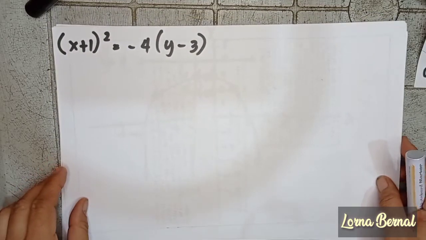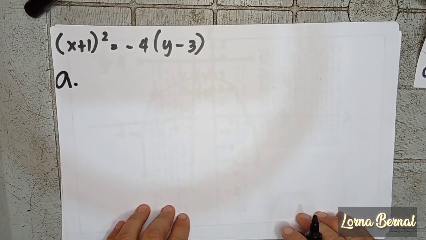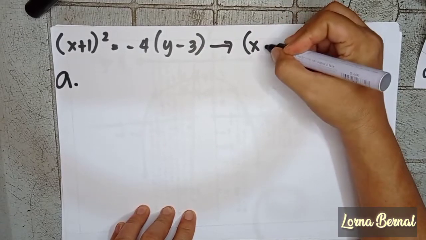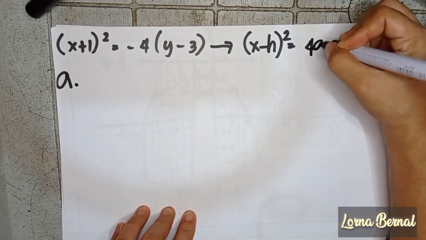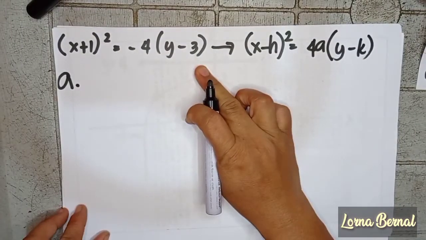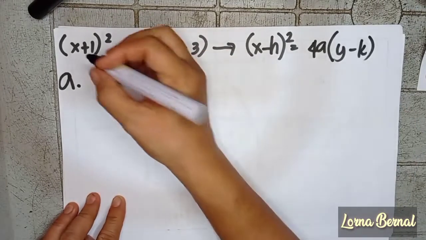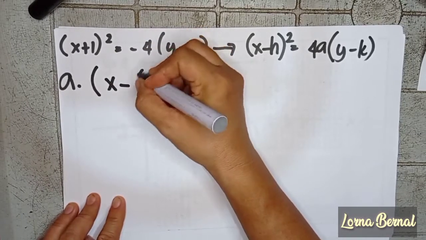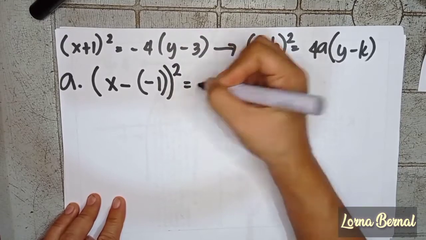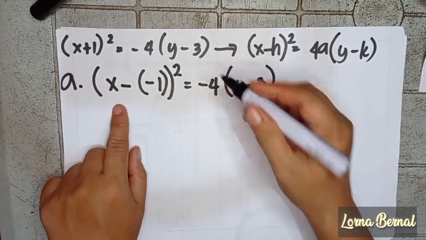First, we will get the principal axis, letter A. This equation of the parabola has the form (x − h)² = 4a(y − k). If we rewrite this equation using this form, it becomes (x − (−1))² = −4(y − 3).